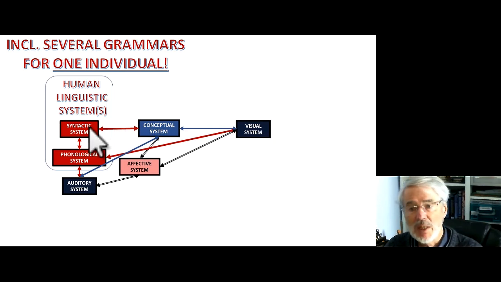The only difference being, of course, that there will be different connections within and outside, stretching outside the system. But you won't have to create a new cognitive system for each language. This one set of systems can cope with that, no problem.